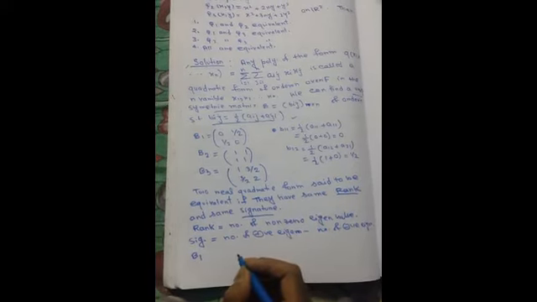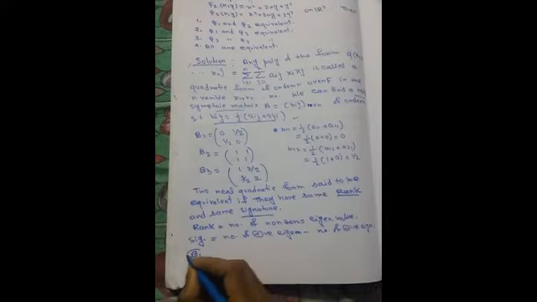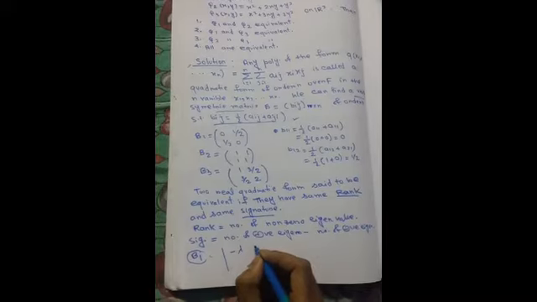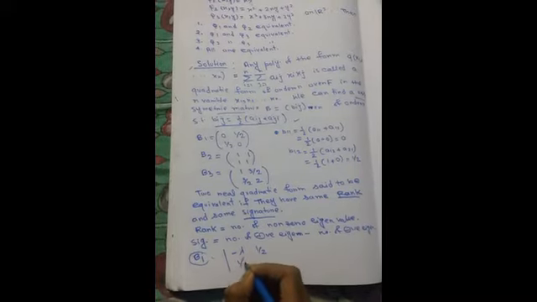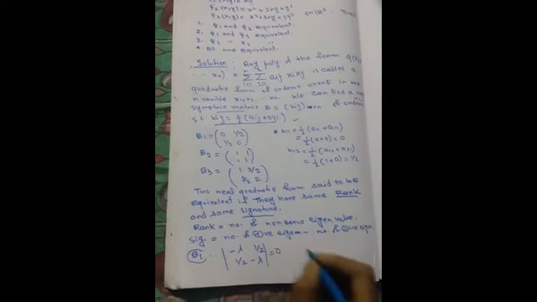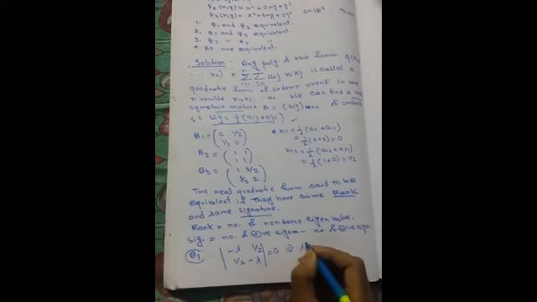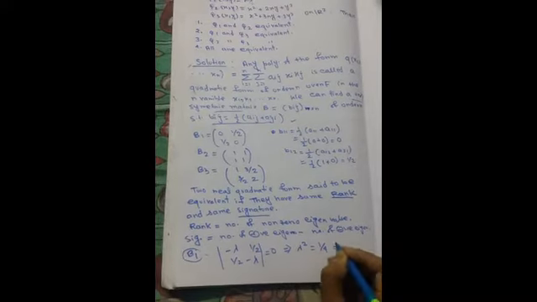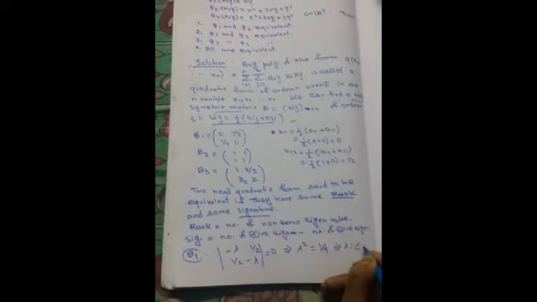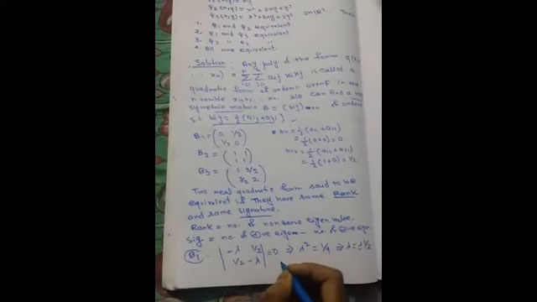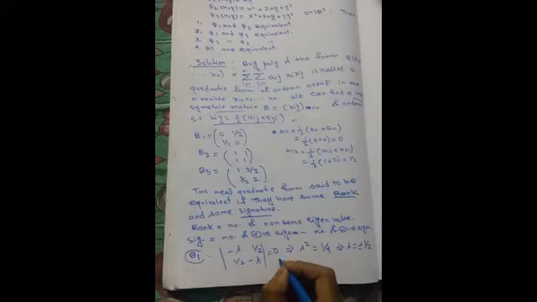So first we calculate the eigenvalues of B1. The determinant of [-lambda, half; half, -lambda] is equal to 0. This is the characteristic equation. So lambda square equal to 1 by 4, then lambda equal to plus minus half. So what is rank?